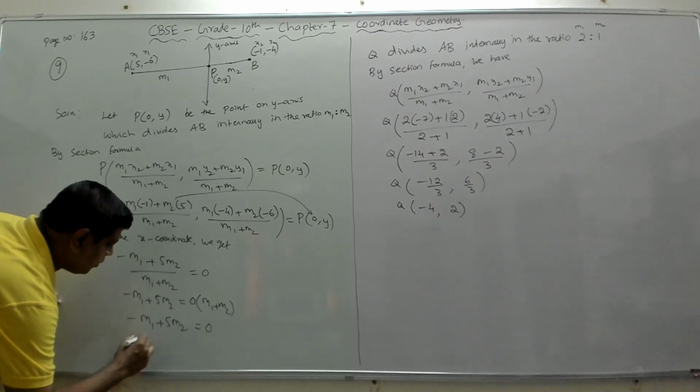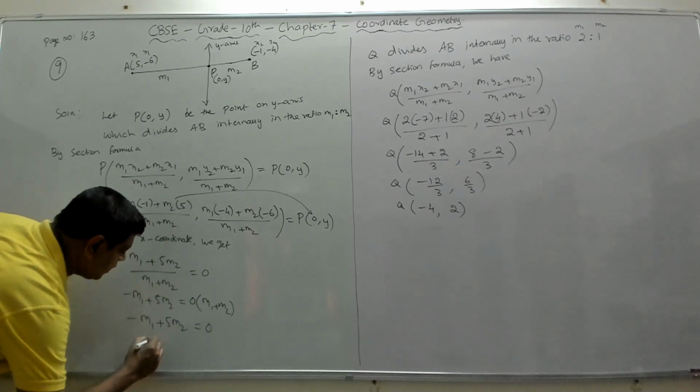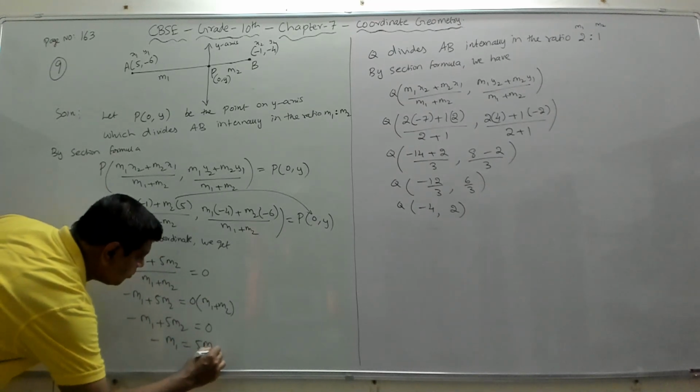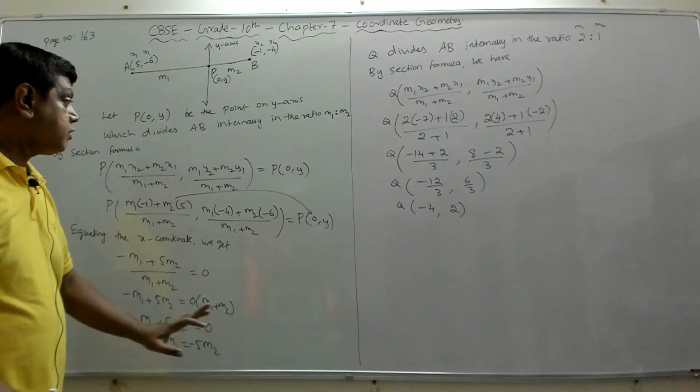Now we can take M1 to this side or M2 to this side, doesn't matter. So we'll take 5M2 to the other side. Minus M1 equals minus 5M2.